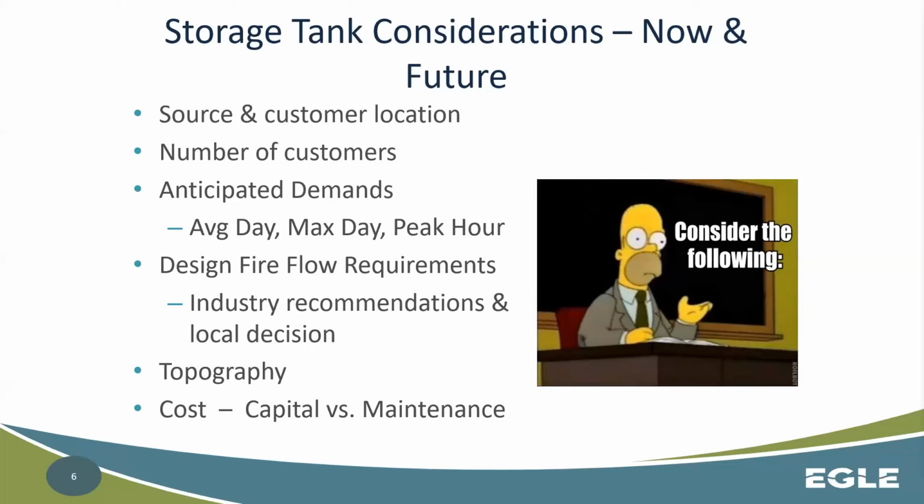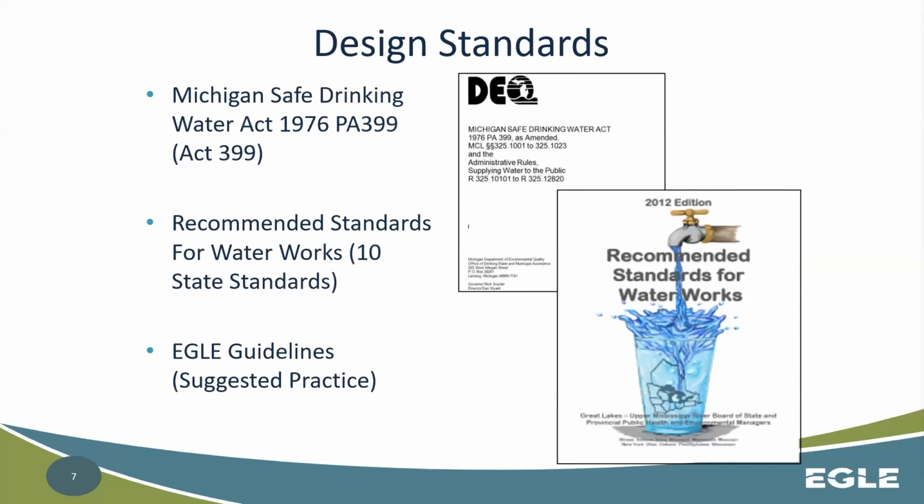But costs do play into it. So is that capital cost, the upfront cost to put a storage tank in or get a new one, versus what your yearly or monthly maintenance looks like? How much is it going to cost when you have to paint that tower again? How much is it going to cost when you have to put a new internal epoxy liner or something like that? Again, all things to consider.